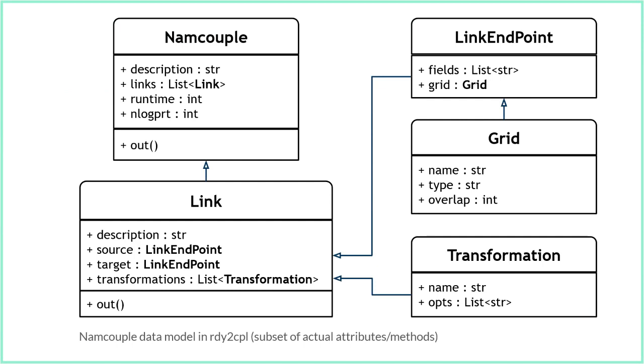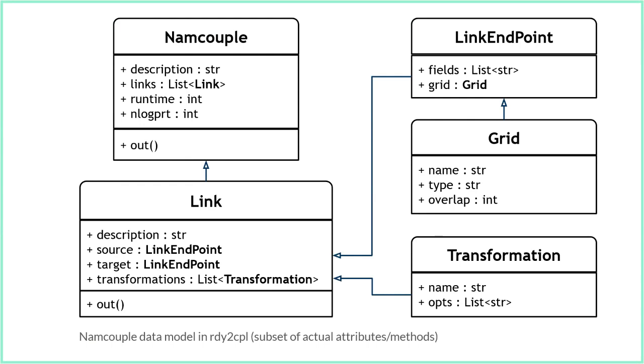So this is roughly how it looks. This is not rocket science. If you read it, you will recognize most of the things that you need to write in the NumCouple file. There's just a hierarchy now. NumCouple consists of a couple of global attributes like the runtime and the nlock PRT.